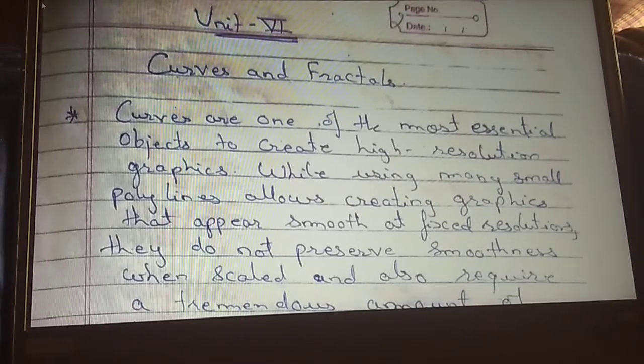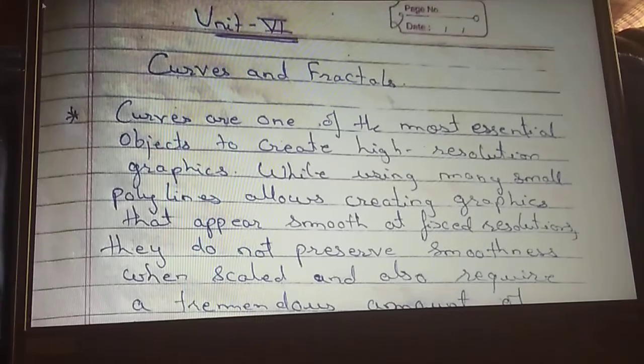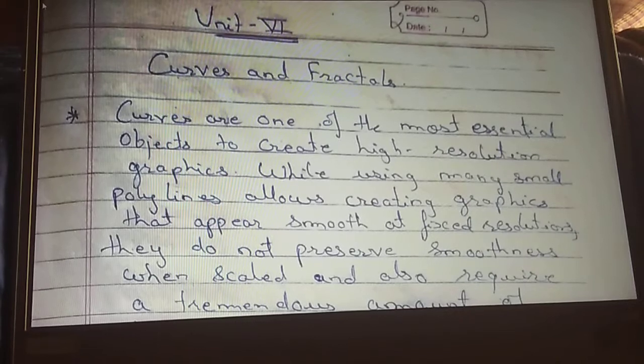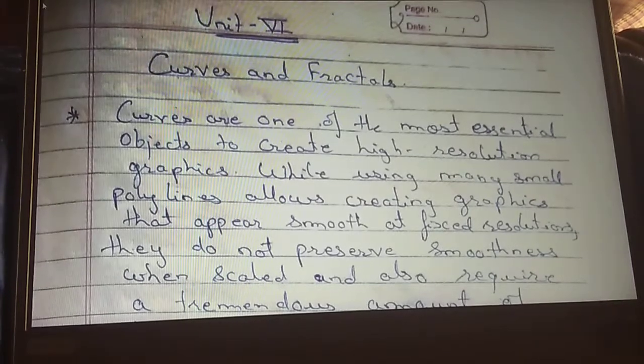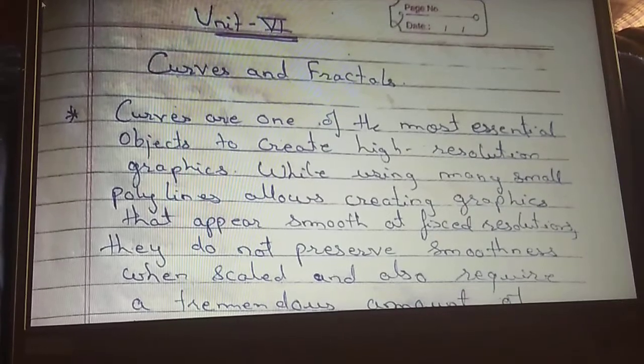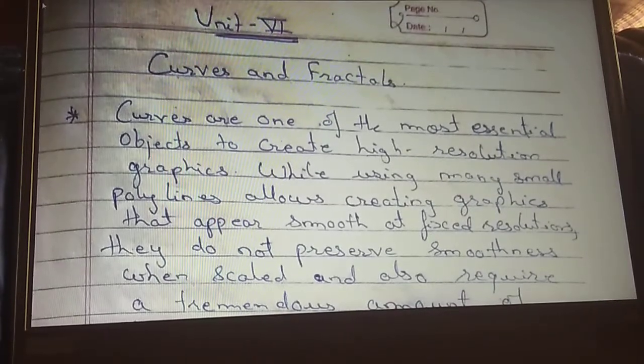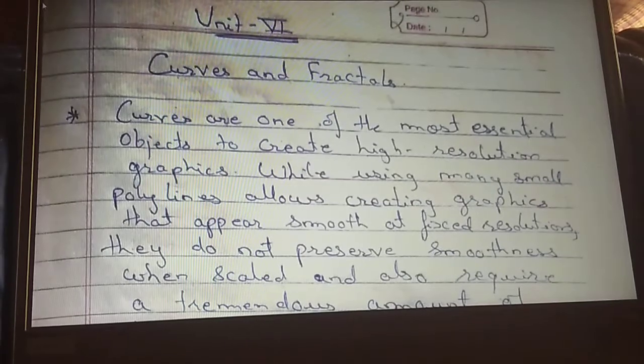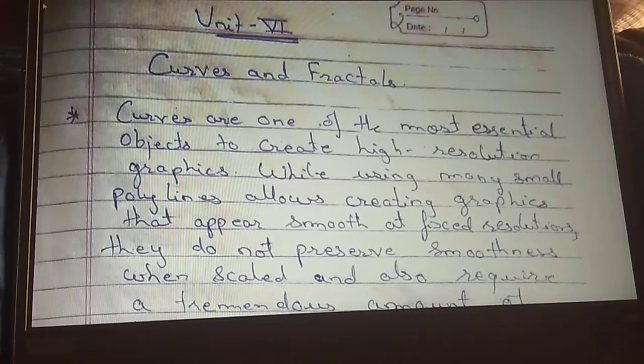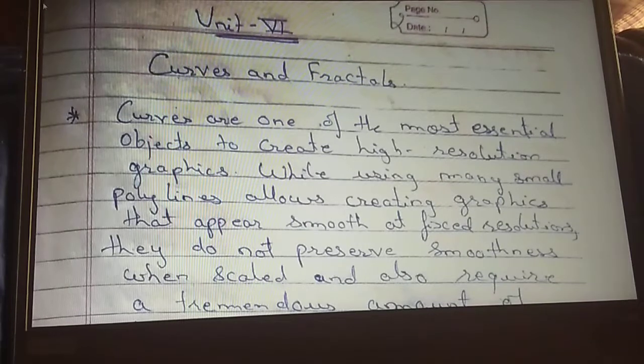Now curves are one of the most essential objects to create high resolution graphics. While using many small polylines allows creating graphics that appear smooth at fixed resolutions, they do not preserve smoothness when scaled and also require a tremendous amount of storage for any high resolution image.